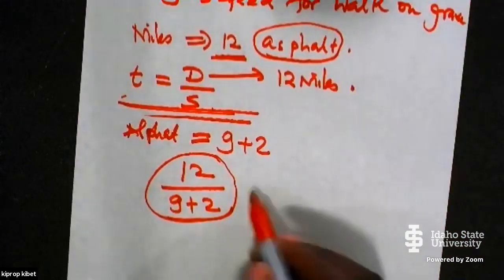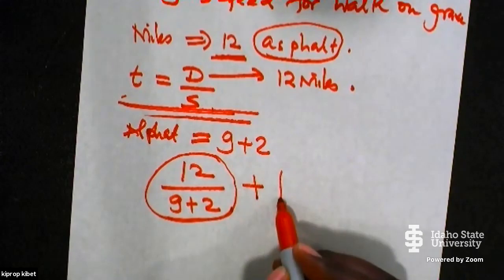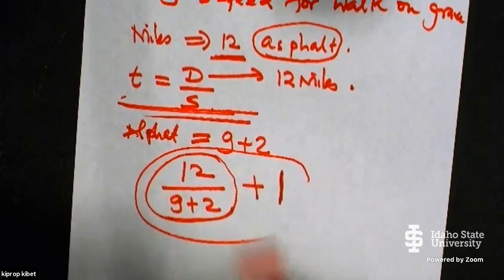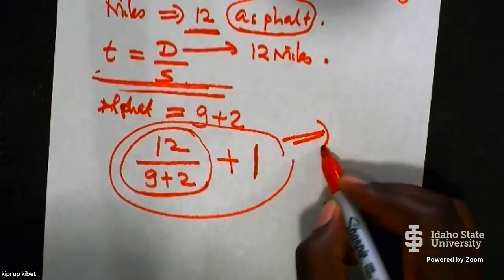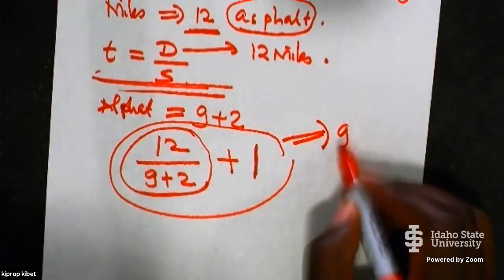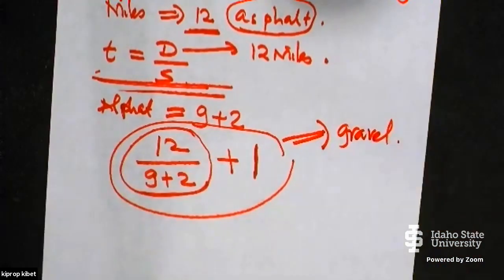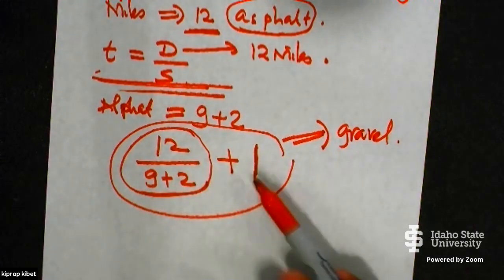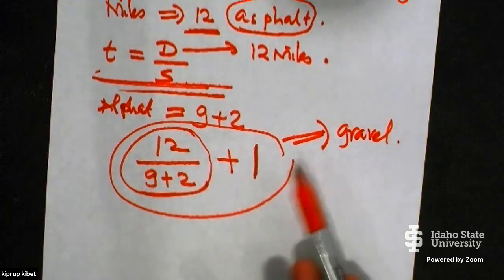Now it took 1 hour longer than the work on the alpha. So this time is the same as the time for working on the gravel. So it took him 1 hour extra on the gravel.